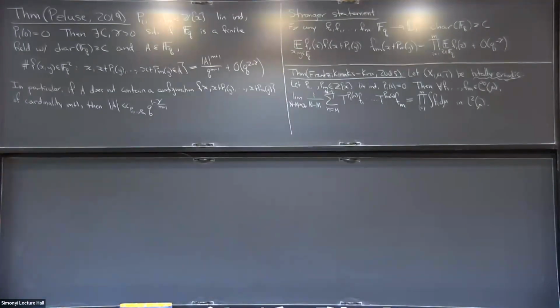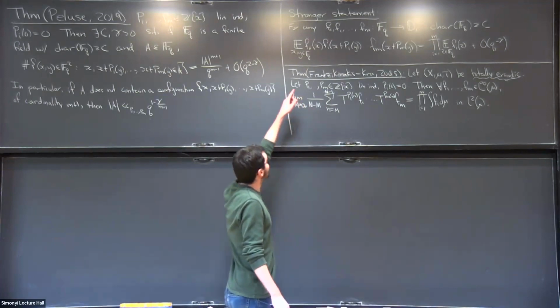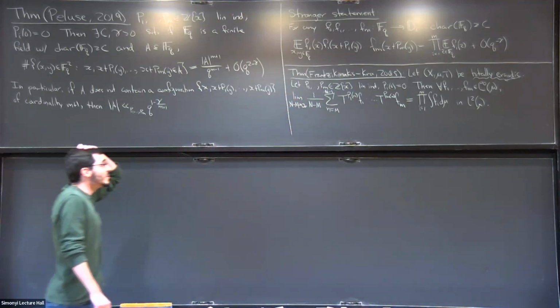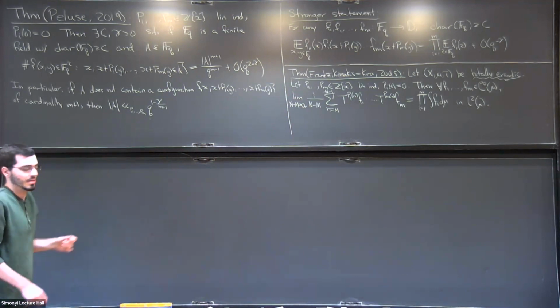Okay, what things to say next? Okay, so total ergodicity is really important. So this statement here, why is some aspect of total ergodicity appearing in finite fields there?